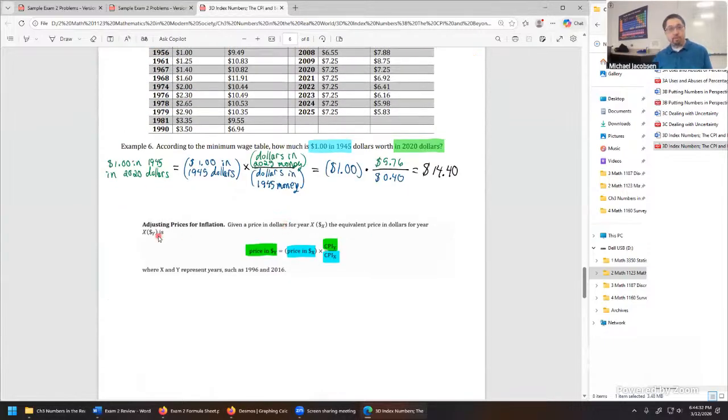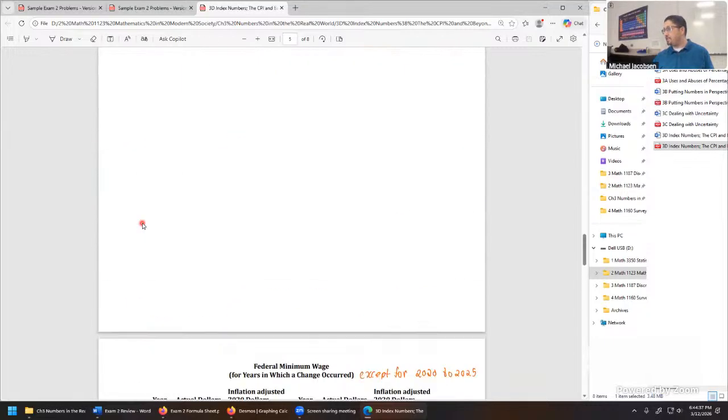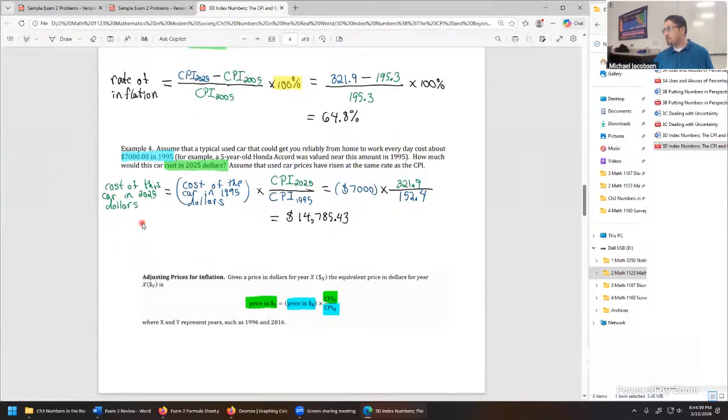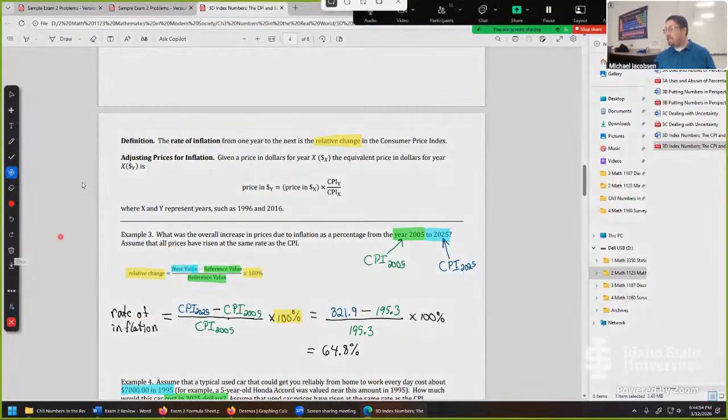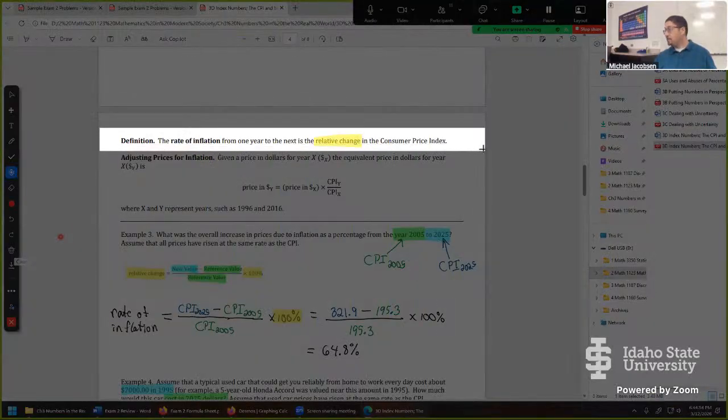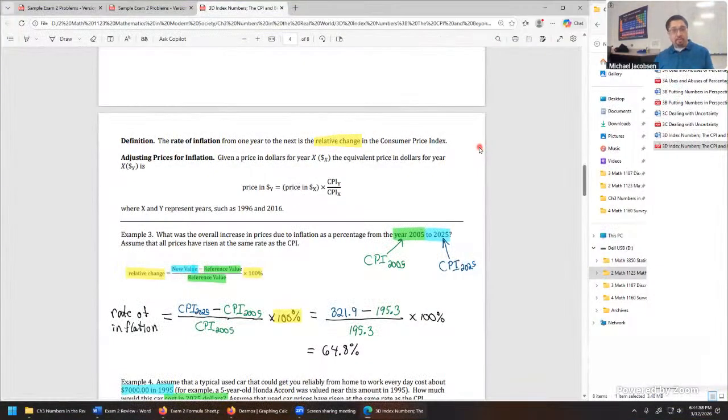Right here, adjusting prices for inflation. Or was it that formula? Hang on, let me take a look. You know, it wasn't exactly a formula. I think that's where I'm getting mixed up. It was really just a short definition, which implies a formula. This is how we worked it through. So let's take this definition and then we'll write our own formula to match the problem, which is kind of what we were doing down below here.